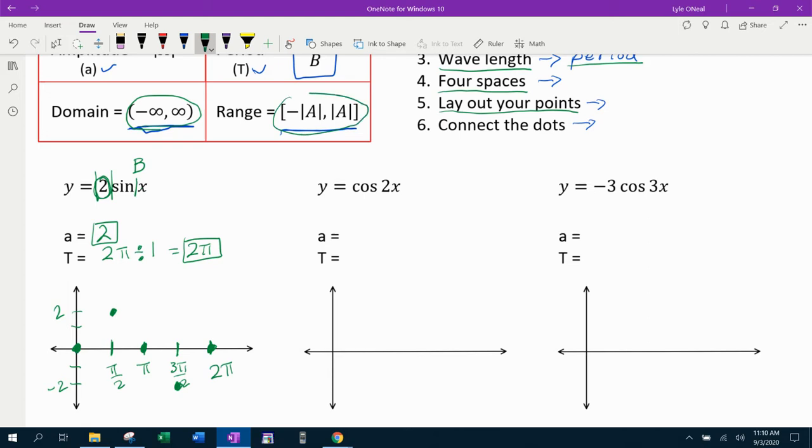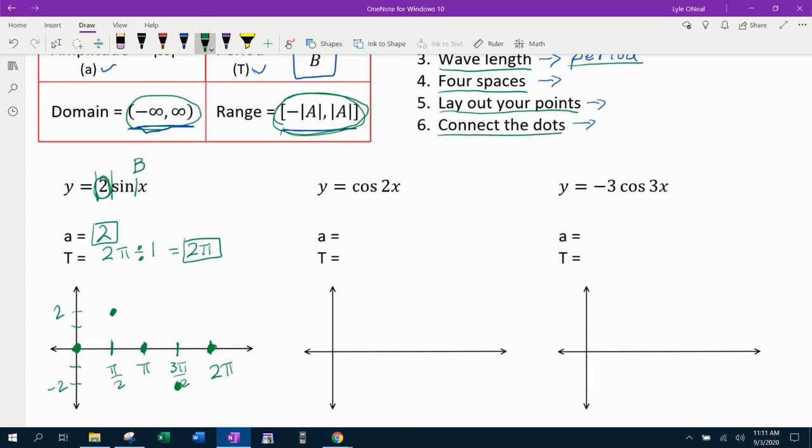And notice that the wave is going to bounce back and forth between -2 and 2 for y values, the range of the y's. And this graph will never go below -2 and it will never go above +2. So that's how we get our range from negative amplitude to amplitude.